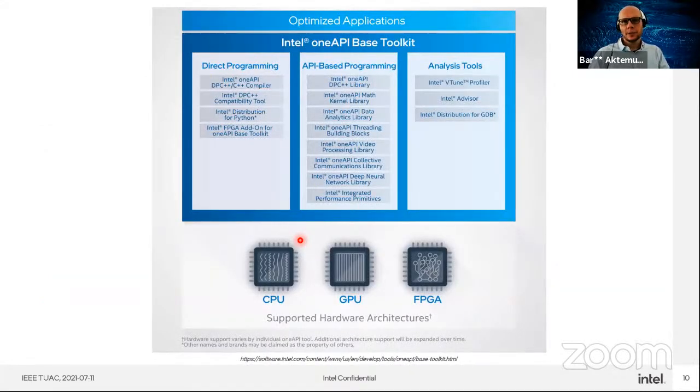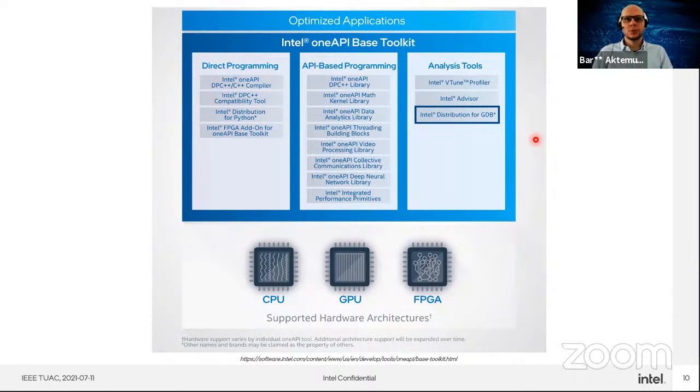So that was the part where I introduced DPC++. And if I go back to this big picture, on the right-hand side, I also said that there are analysis tools. One tool here is the debugger, and that's based on GDB. I would like to now talk about the debugger.